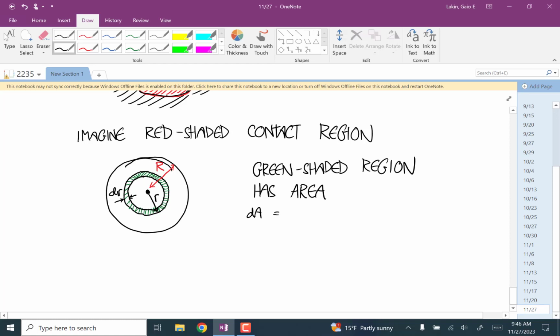And it's equal to, if you stretch that out into a long, thin rectangle, that rectangle has a thickness, I'm going to draw that here.